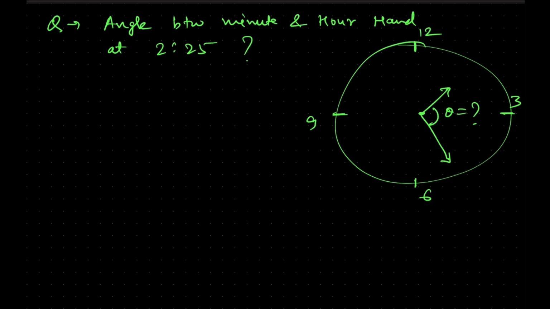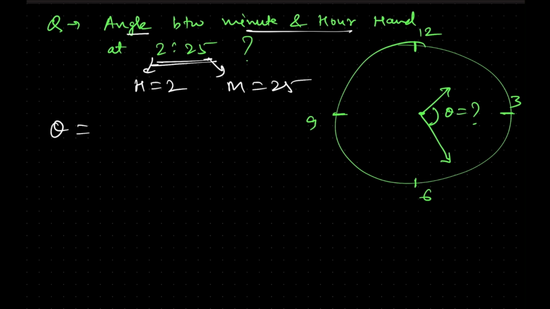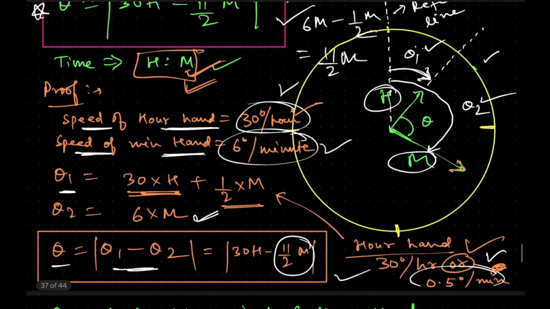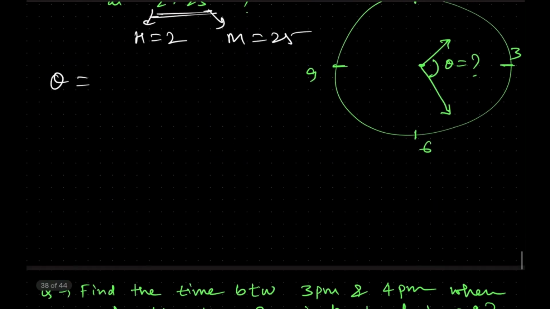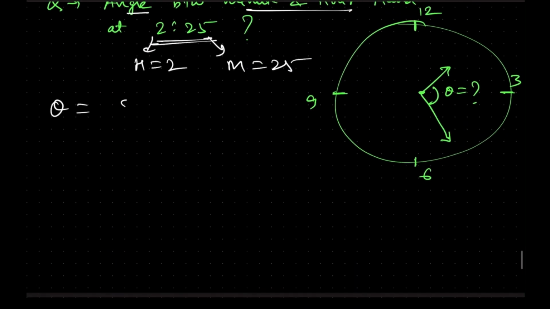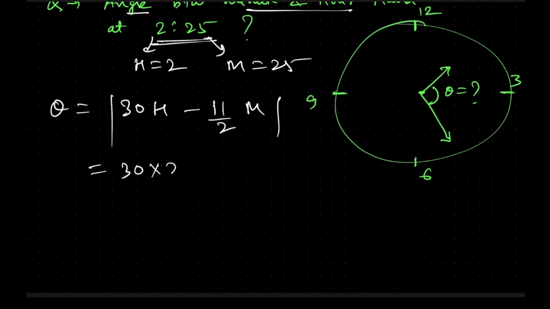So let's solve this question. What is the angle between the hour hand and minute hand at 2:25? We will always take h is equal to 2, and m is 25. So what was our equation? It was |30h minus 11/2 m|. 30 into h, which is 2, minus 11/2 into m, which is 25.